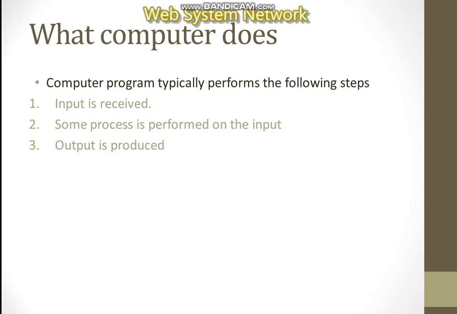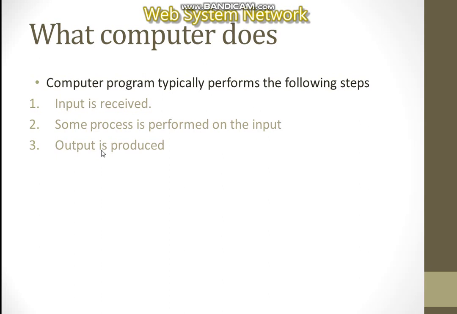Computer programs typically perform these three things that I've listed here. Number one, a program receives an input, does some process on it, and then displays the output to the screen so that we can see.